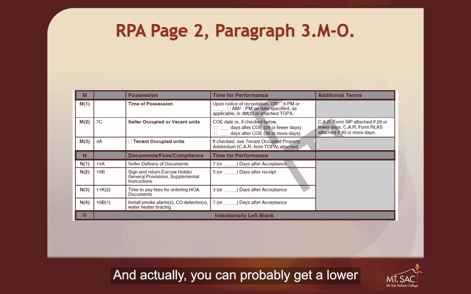And actually, you can probably get a lower price because at that age, I hate to say it, it's not about the money anymore. They're not going to have time to spend it. What it's about is convenience. Those sellers don't want to be stressed. So giving them a day or two, that could help the deal.